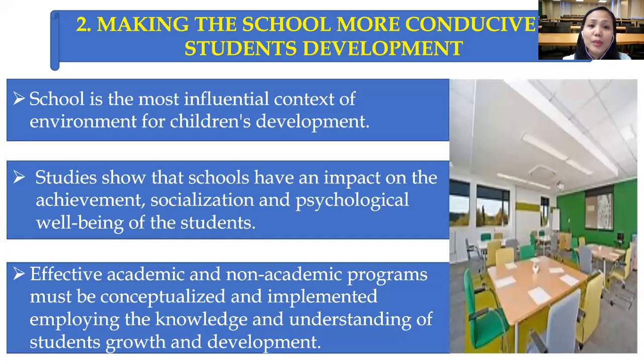Effective academic and non-academic programs must be conceptualized and implemented employing the knowledge and understanding of students' growth and development. Most influential because children spend most of their time in school rather than at home.